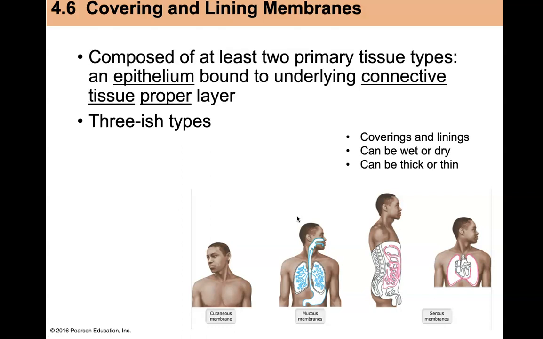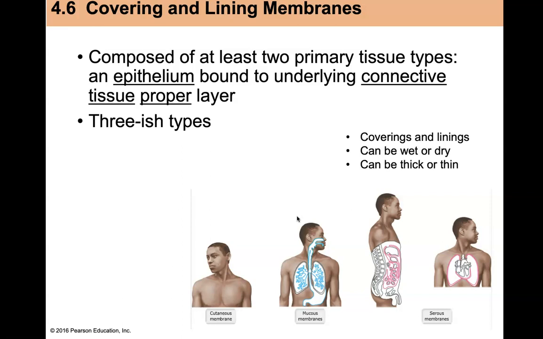So now we've talked about the four major types of tissue, right? So now we're just going to talk about membranes here. We're going to slide it in here because membranes are going to consist of at least two primary tissue types, okay? So whether it be epithelial tissue, connective tissue, muscle tissue, nervous tissue, okay?